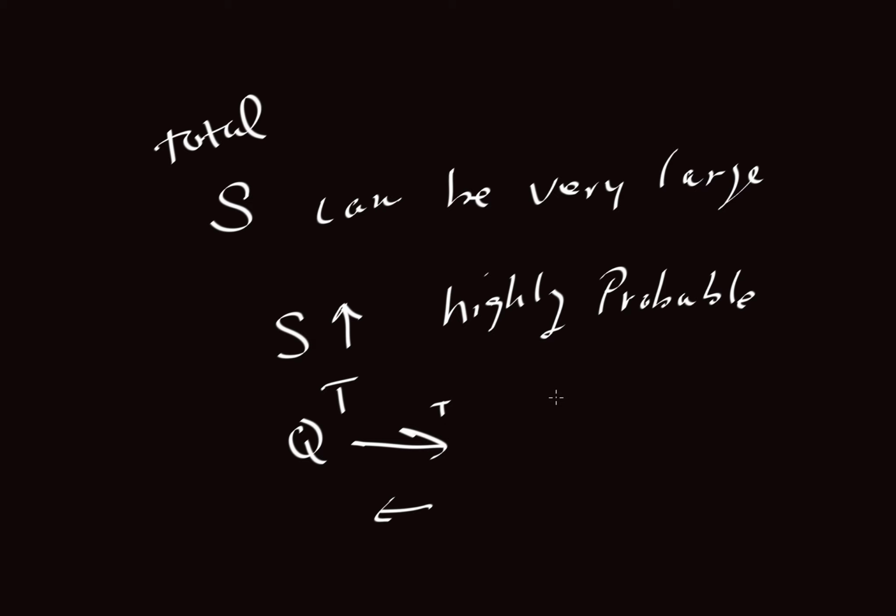I'm going to end here with a simple example of what entropy means from a Boltzmann's probability perspective. Let's say you've got a coffee cup sitting on some table in your home or office.